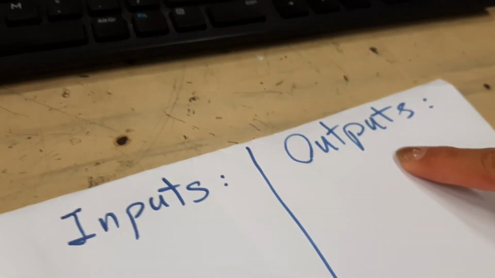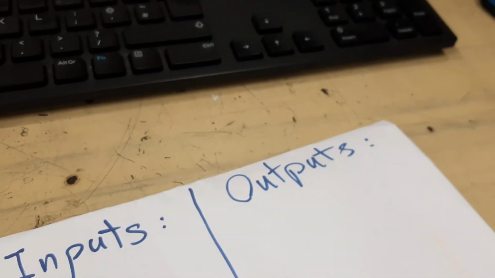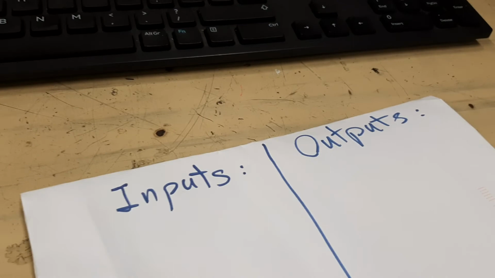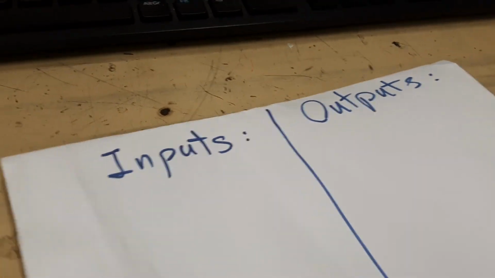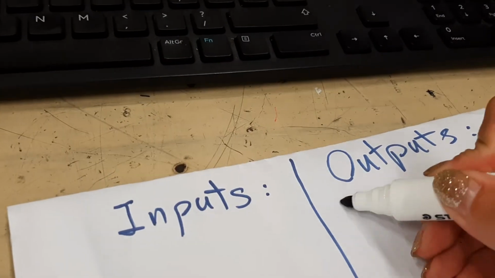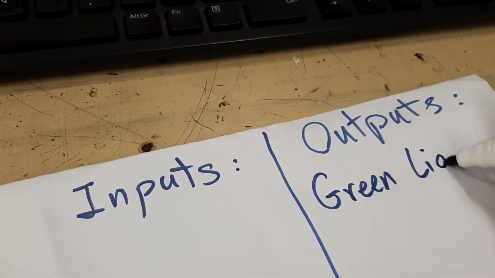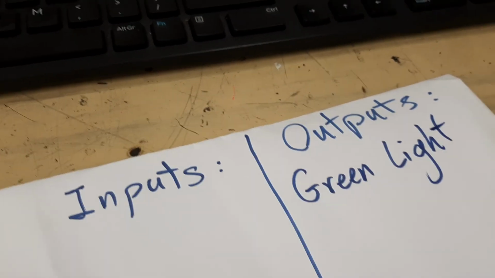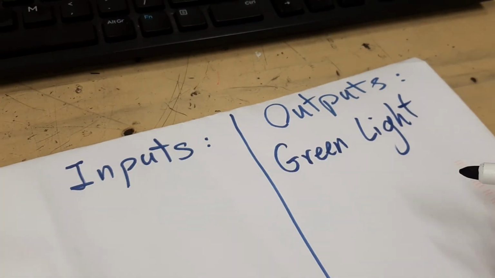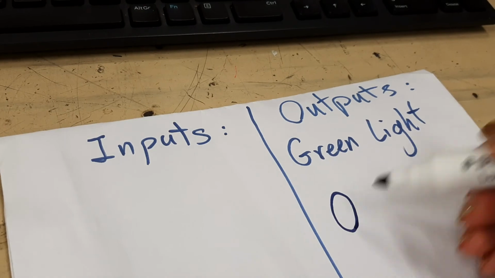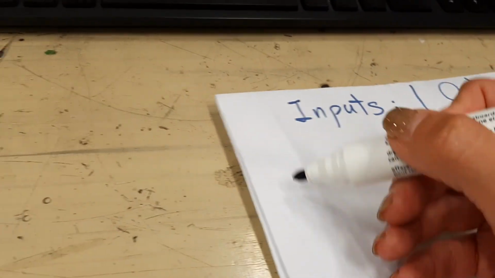I'm going to write that down. That is your very first test to identify which bit is controlling what component. So I'm going to write down green light. The way that we write the bit addresses in PLC is we use O for output and we use I for input.